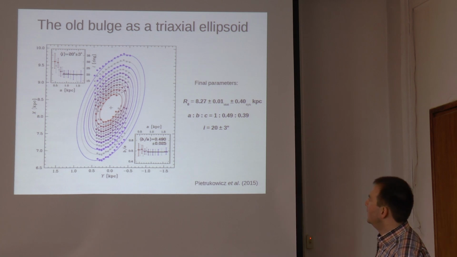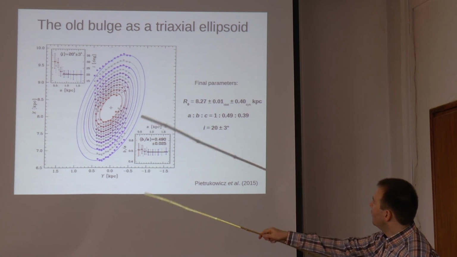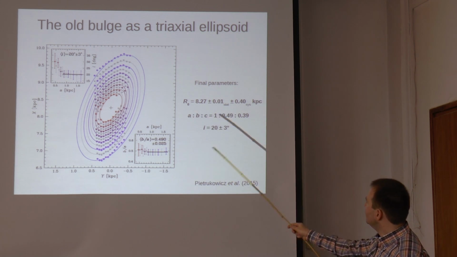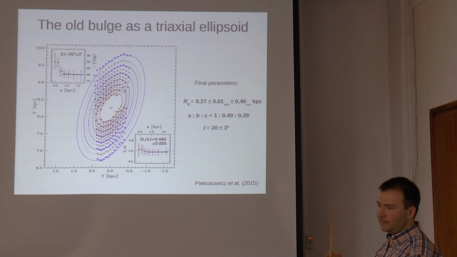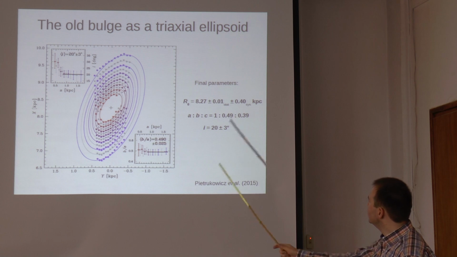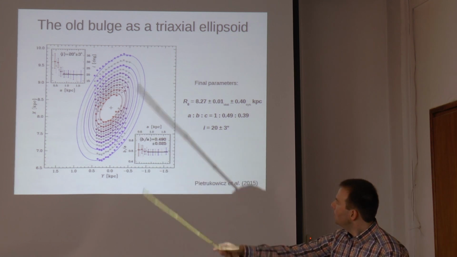These are not circles. And from this, and from the information on flattening in the sky, I found the following parameters: the axis ratio of the ellipsoid of the old stars, and this is the inclination of this bar.